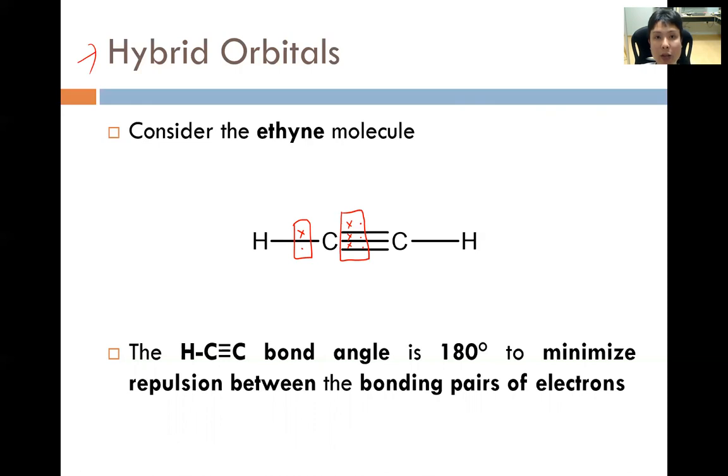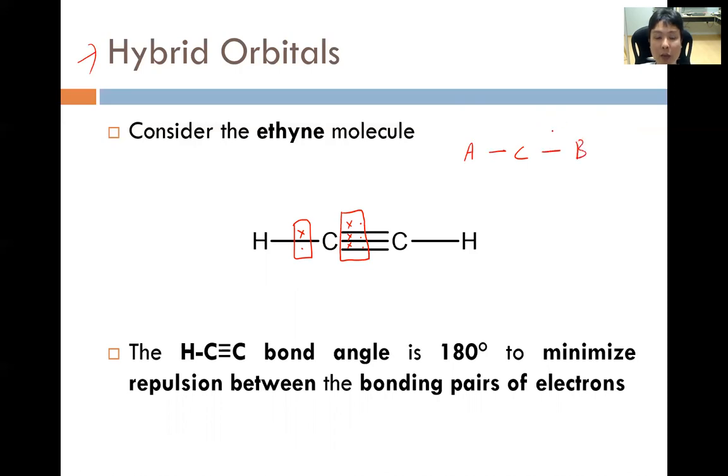And as we mentioned previously, the shape of the molecule is always adopted such that it maximizes the separation of the electrons to minimize repulsion, so that it will result in the most stable configuration of the molecule. If we have 2 electron domains, for example 2 guys that we want to separate around this carbon, the best way is to separate them such that they are 180 degrees apart.